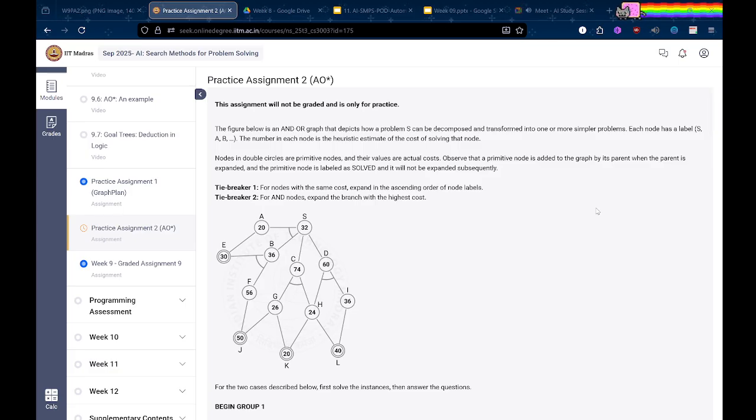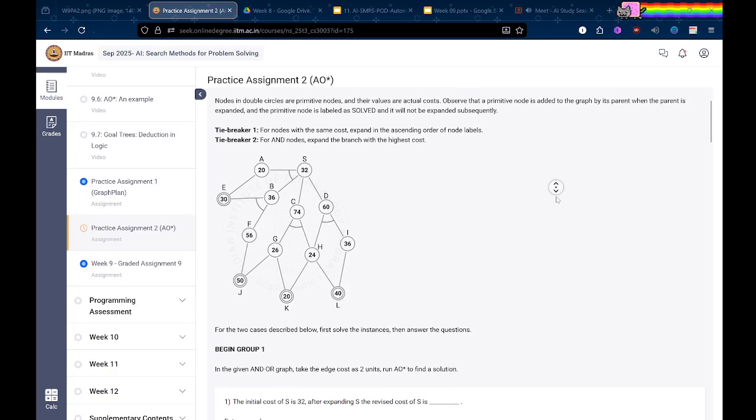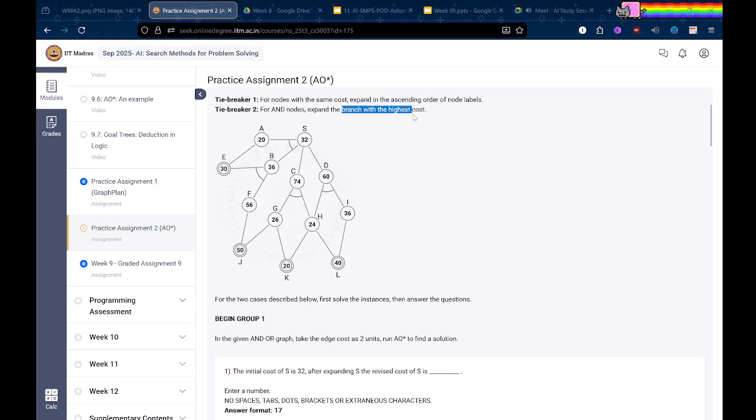Nodes in double circle are primitive nodes and their values are actual costs. Observe that a primitive node is added to the graph by its parent when the parent is expanded, and the primitive node is labeled as false, and it will not be expanded subsequently. So tiebreaker 1, for nodes with the same cost, expand in the ascending order of the node labels. For AND nodes, expand the branch with the highest cost.